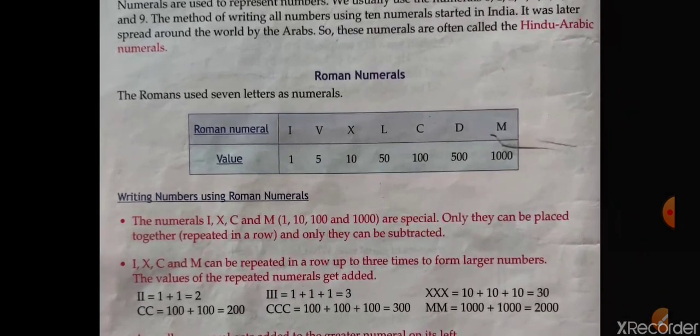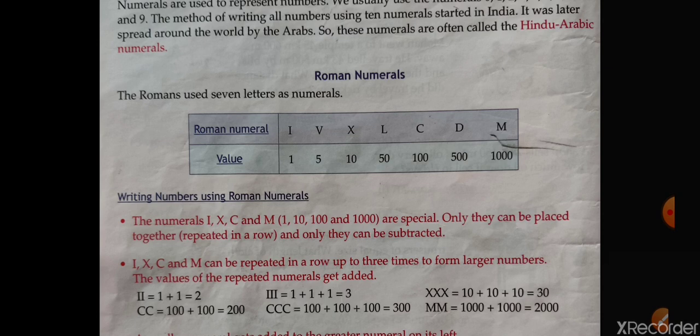So 1 was signified as I, 5 was signified as V, 10 X, 50 L, 100 C, 500 D and 1000 M. These 7 numbers had their alphabets fixed, but the rest of the numbers did not have any letters fixed. So they applied some rules to make other numbers.